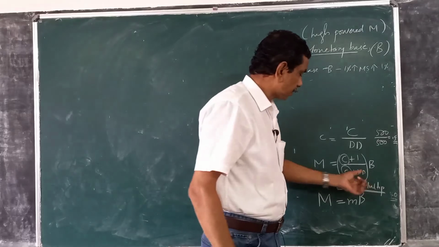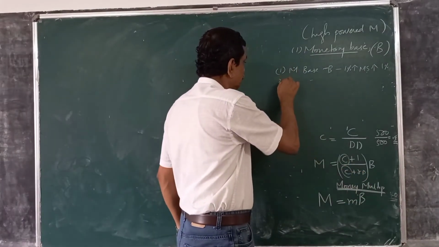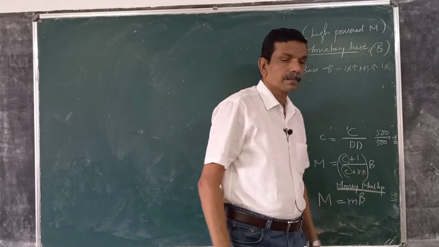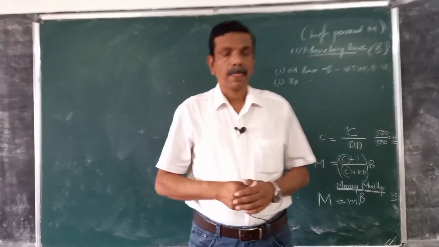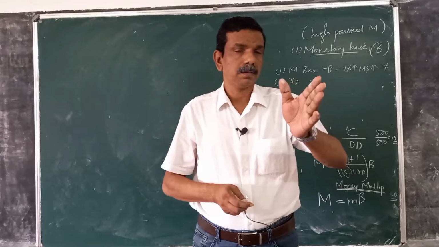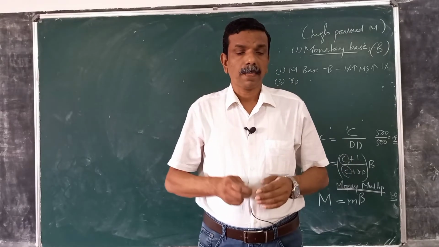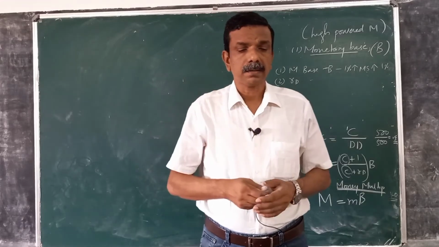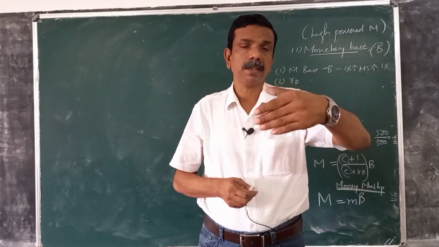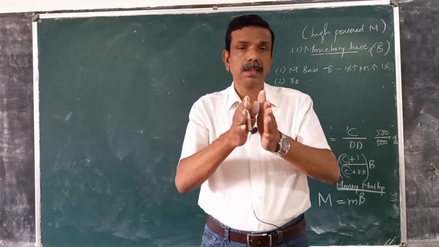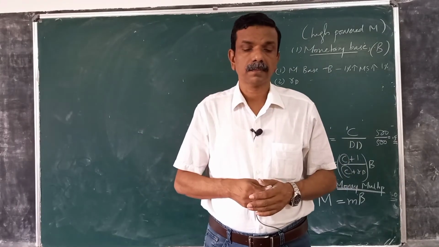What about RD? The second, money supply is inversely related to RD, the reserve deposit ratio. If RD is lower, banks will be able to give more loans from any amount of reserves.